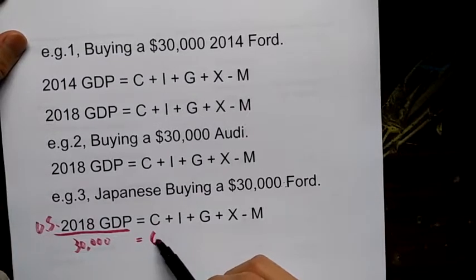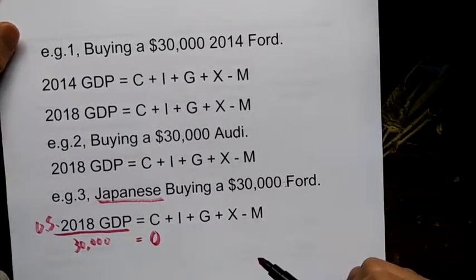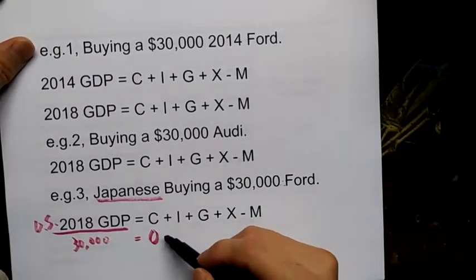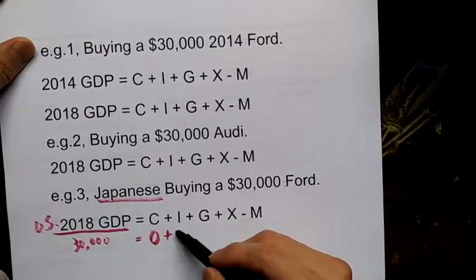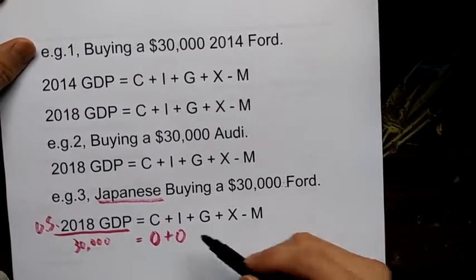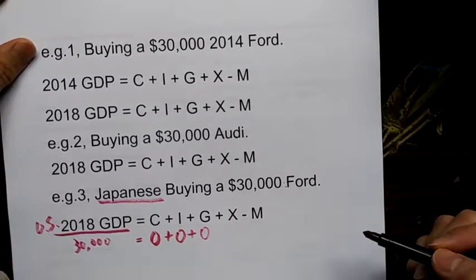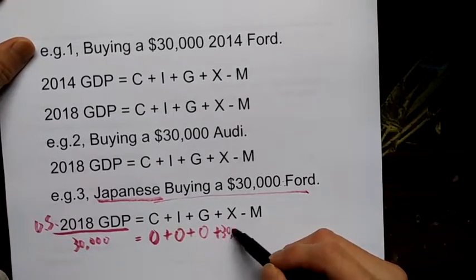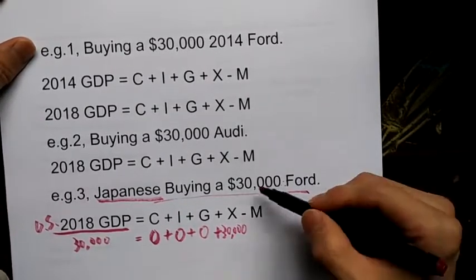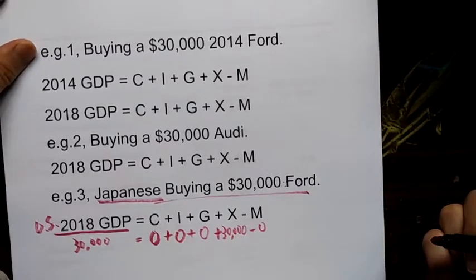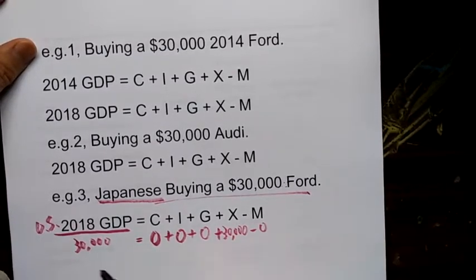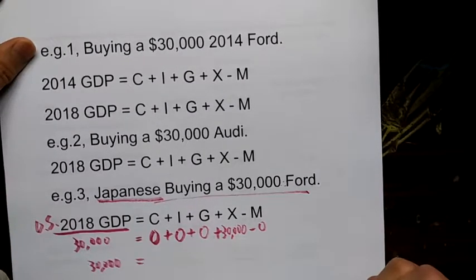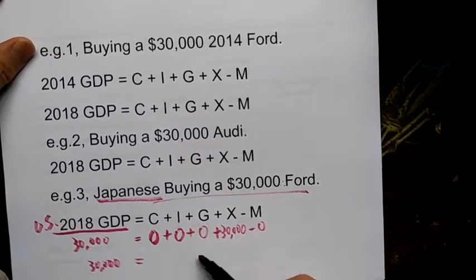The answer is no. It is Japanese who buys it. US firm doesn't buy it. Government doesn't buy it. Is that our export? The answer is yes. So export is $30,000. It is not an import. Therefore, US 2018 GDP includes $30,000. It is in the export.